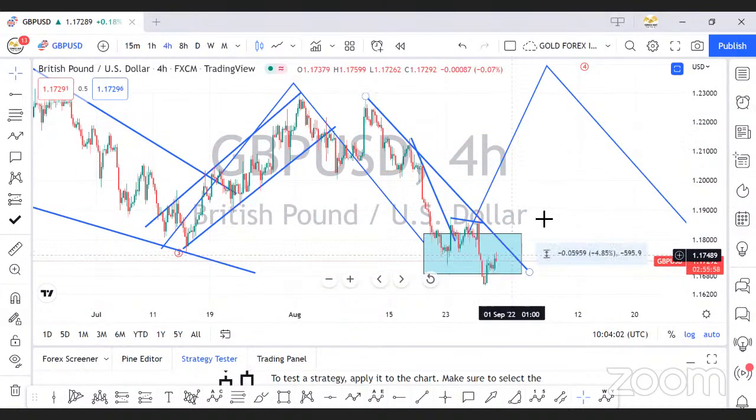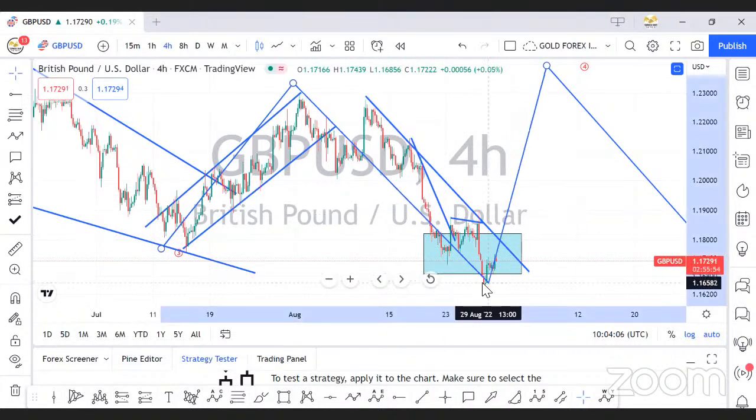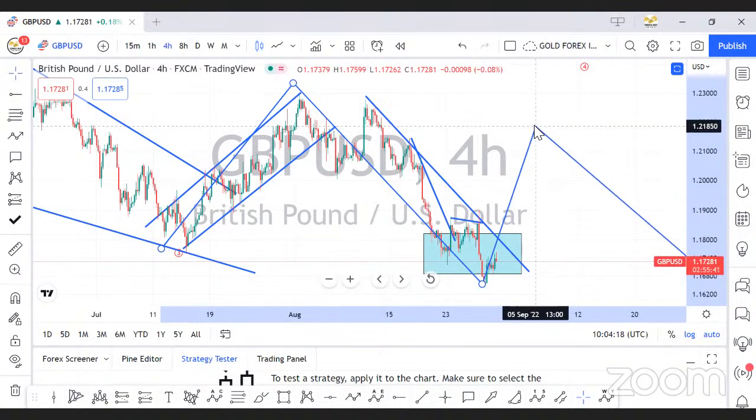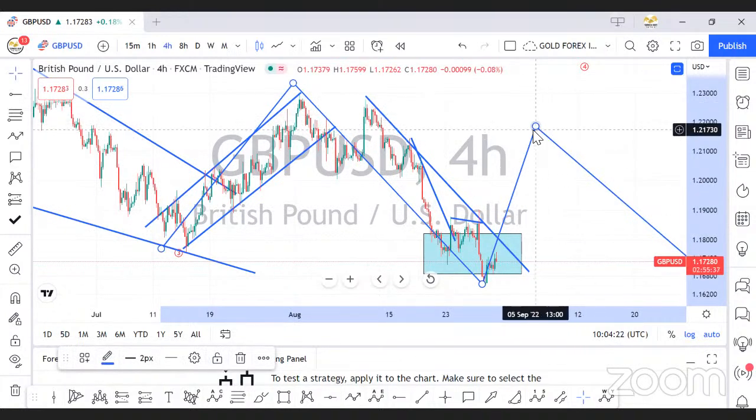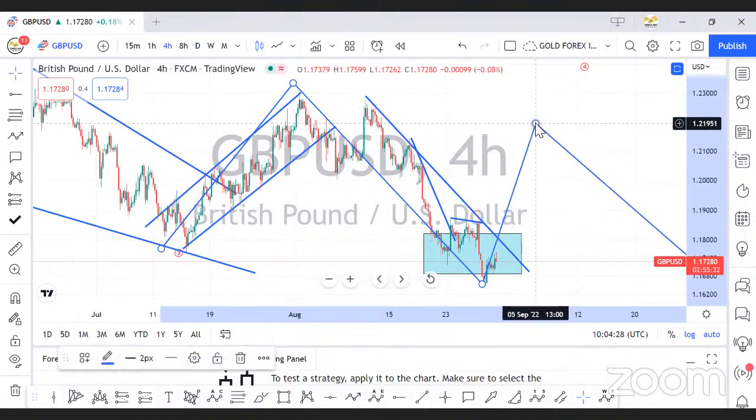So I'm expecting a buy for pound USD. It should at least form an ABC correction before we see the sales coming in. Any of this could work. We can have a truncated, like a running flat correction. We can have a regular or expanded flat correction. Any of them should happen.